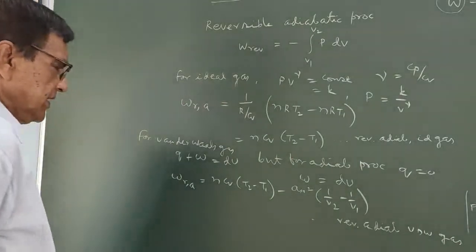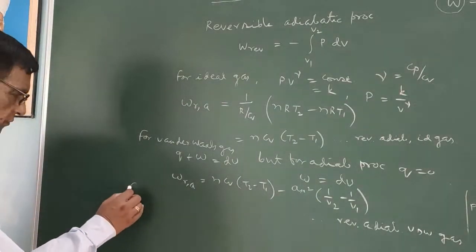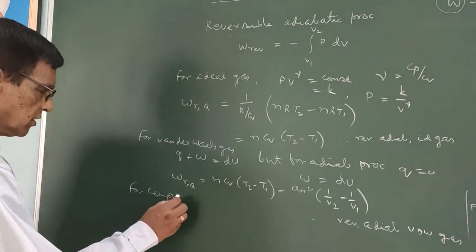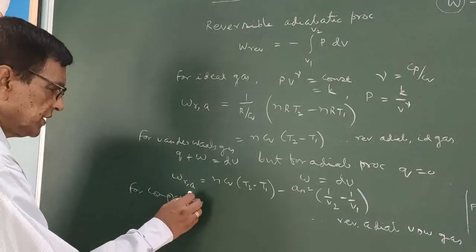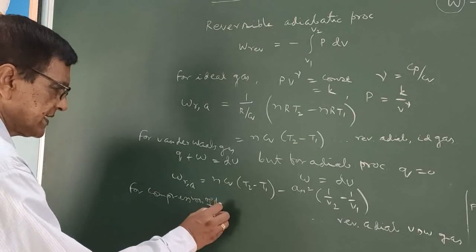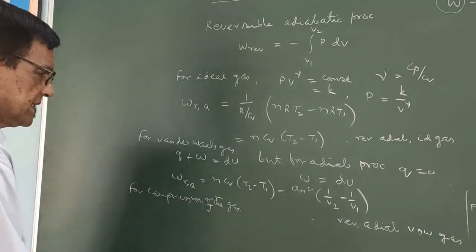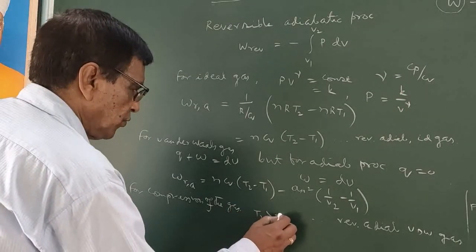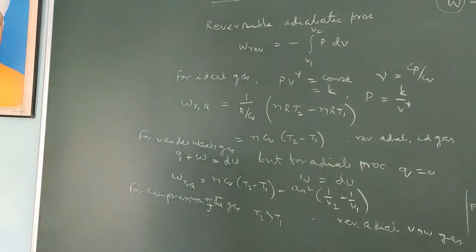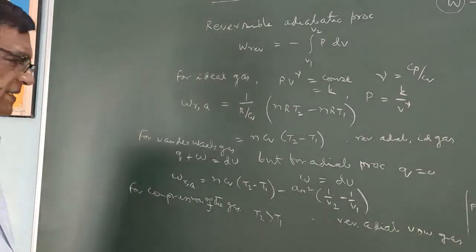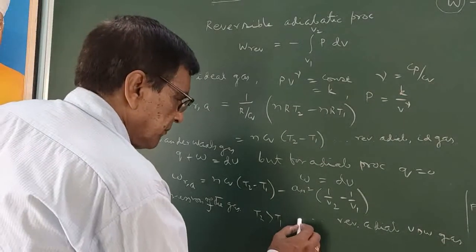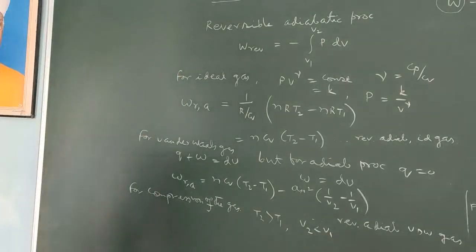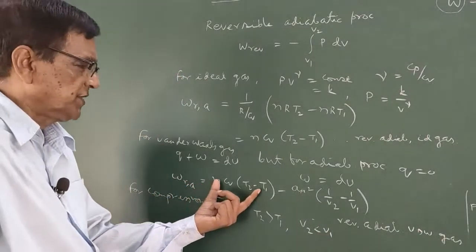This equation, again, I can show for compression of the Van der Waals gas. For compression, T2 is greater than T1. In the compression, temperature is increased and V2 is less than V1. So this term is positive.